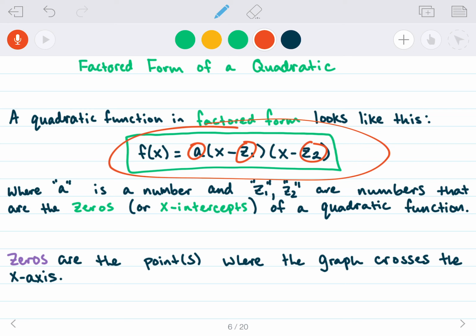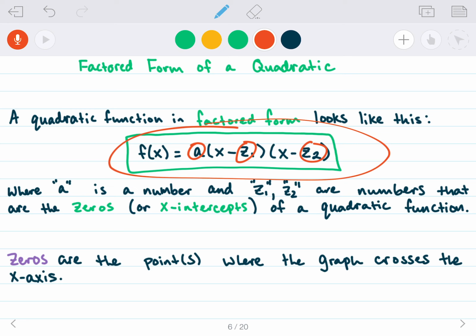You're going to see why it's cool later on. Because projectile motion, throwing things in the air, paths of objects in space are modeled with quadratic functions. And we're interested in knowing how long it takes for an object to hit the ground or something like that. That's why where it crosses the x-axis is important. We're going to get more into that, though.